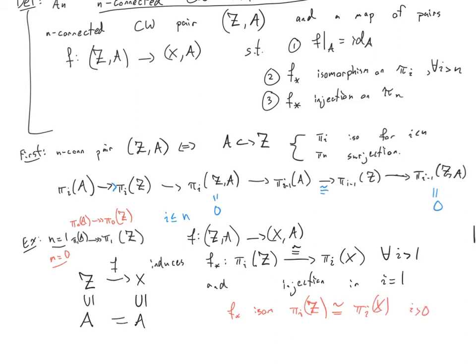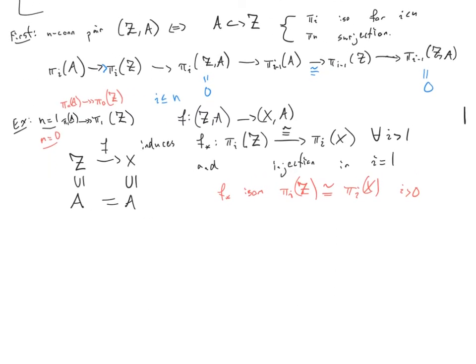So in all higher degrees. So Z in this case, when n is very low, looks predominantly like X, like it has all the higher homotopy group information of X. However, if n goes to infinity, we kind of go the other way.